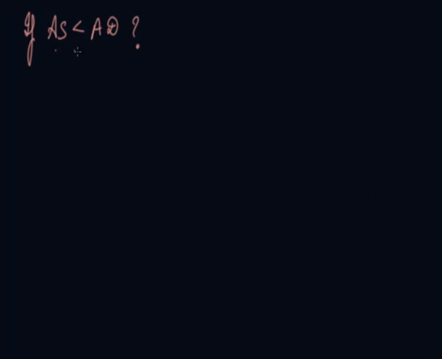Now what happens if aggregate supply is less than aggregate demand? We took an assumption at the very first that your aggregate supply is perfectly elastic, that it adjusts itself according to the aggregate demand.